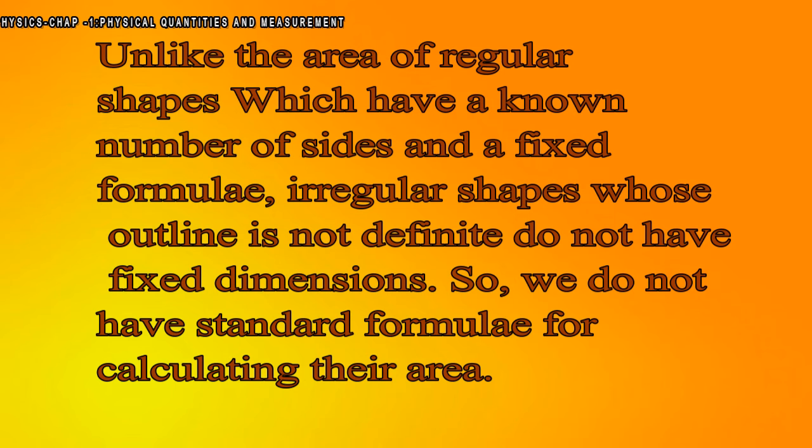The area of shapes such as an irregular lamina or any odd-shaped object can be calculated using graph paper. A graph paper has 1 centimeter squares, each of which consists of still smaller squares of side 1 millimeter each.